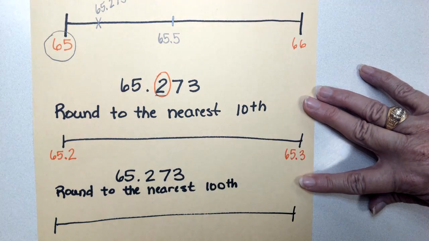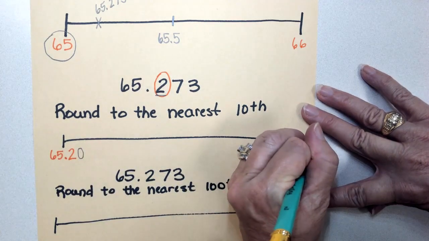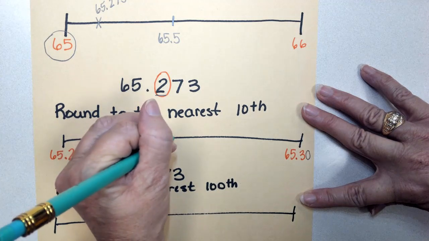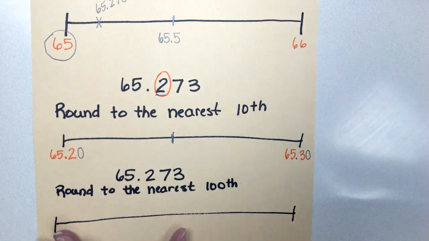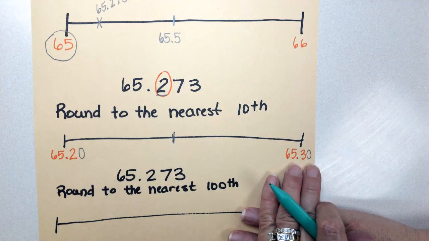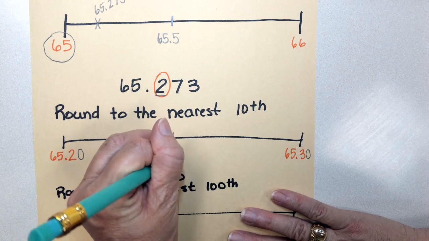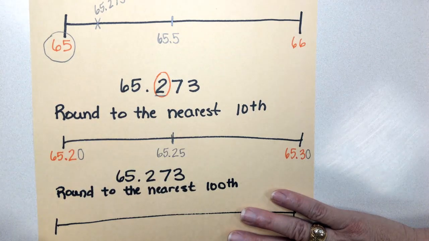If I add a quick 0, and I think about this being 20 hundredths, and I think about this being 30 hundredths, finding that midpoint will make it very easy. So what could be between 20 hundredths and 30 hundredths? That's right, it could be 65 and 25 hundredths.